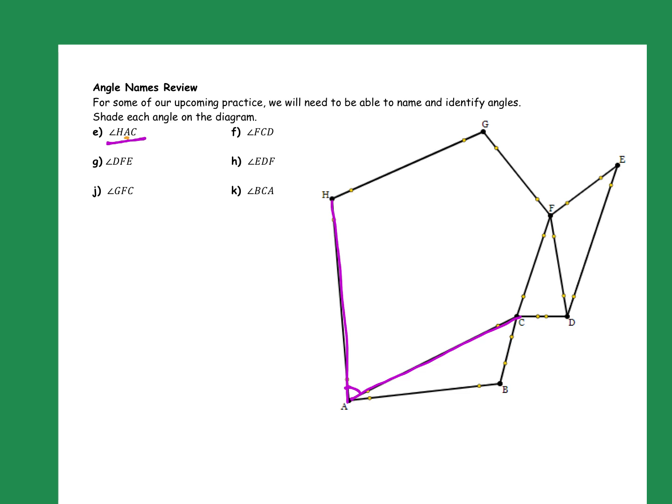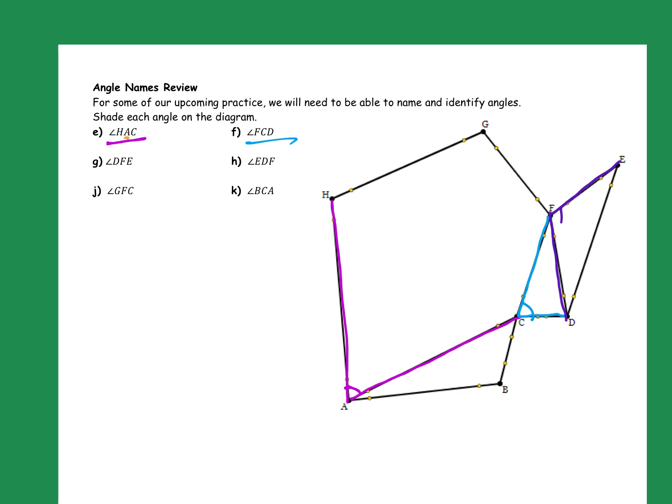And then we're going to find, what's the next one we're going to find? C, F, D. Yep. And then we're going to find DFE, right?